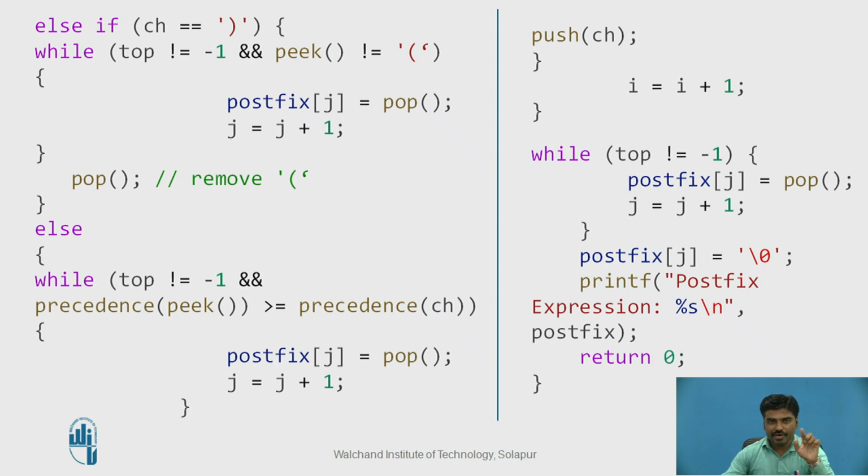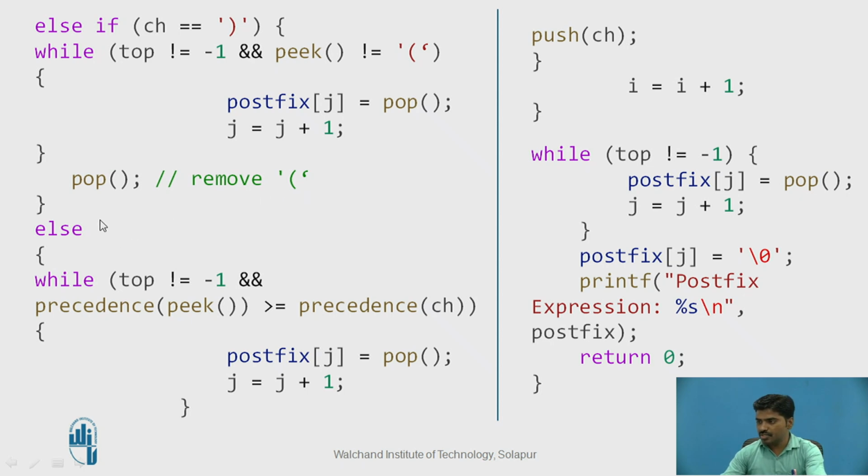If you find an opening bracket, you have to push it into the stack, and all the operators from the opening bracket to the closing bracket you have to push into the stack directly. If you find a closing bracket, then you have to pop all the operators from the stack. Postfix of j is equal to pop, j is equal to j plus 1. Like this the while loop will continue, and last you have to remove the opening bracket from the stack.